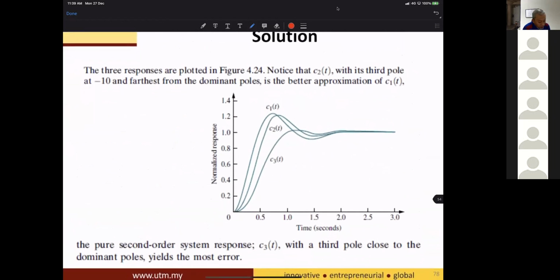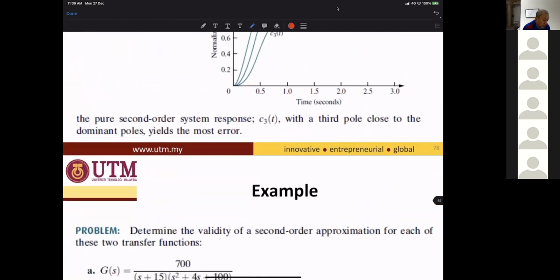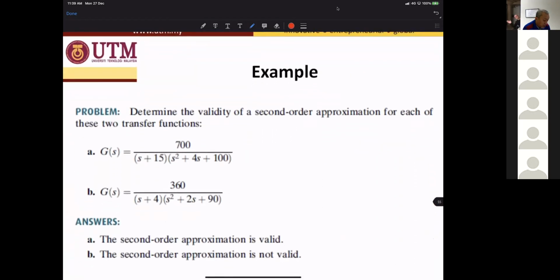But if the third pole is far away from the imaginary axis, you can consider it as a second order approximation. For example, in this case, can somebody help me find these roots?